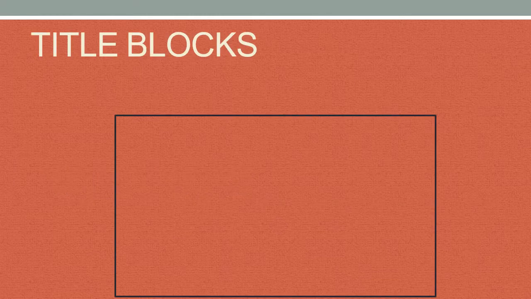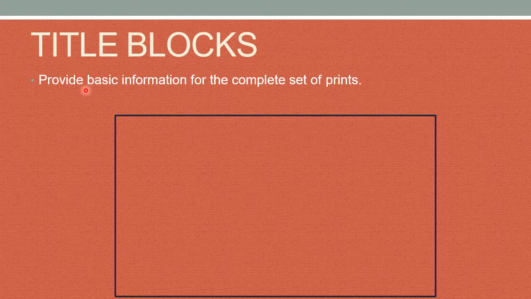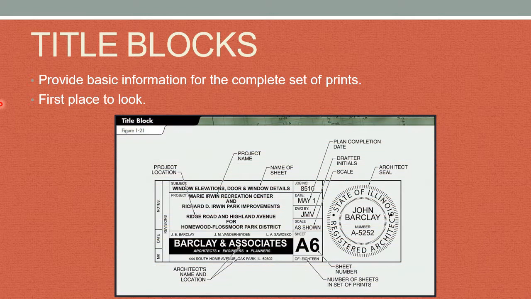Title blocks. Title block is probably the first. It's going to provide basic information for the complete set of plans. It's the first place you want to look. So here's an example of a title block from the text: the project name, project location, the name of the sheet of this particular drawing, when the plan was completed, who drafted it, is there a scale?